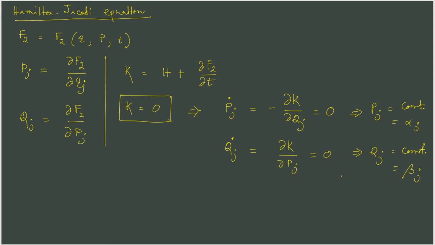As a result, the new coordinates simply become constant, not explicit functions of time. Now, we also have seen that in such cases, instead of calling it F2, the generating function of the second type, we can simply call it our action variable S, because we have seen the total derivative of S, our former F2, gives us nothing but the Lagrangian.